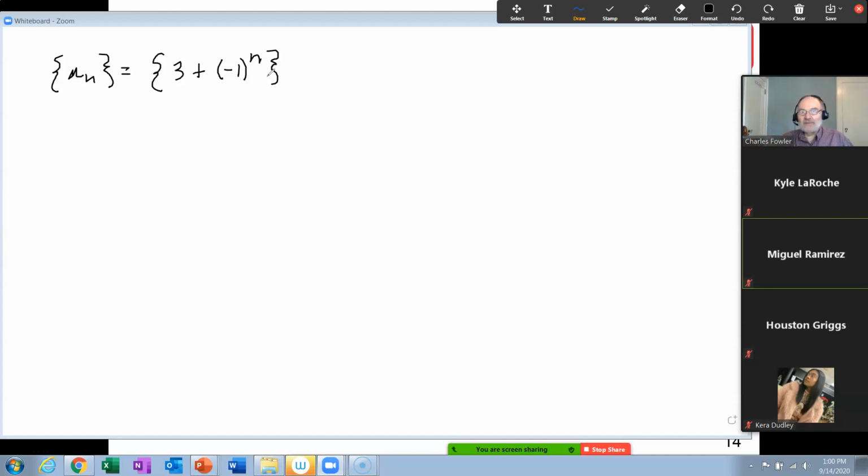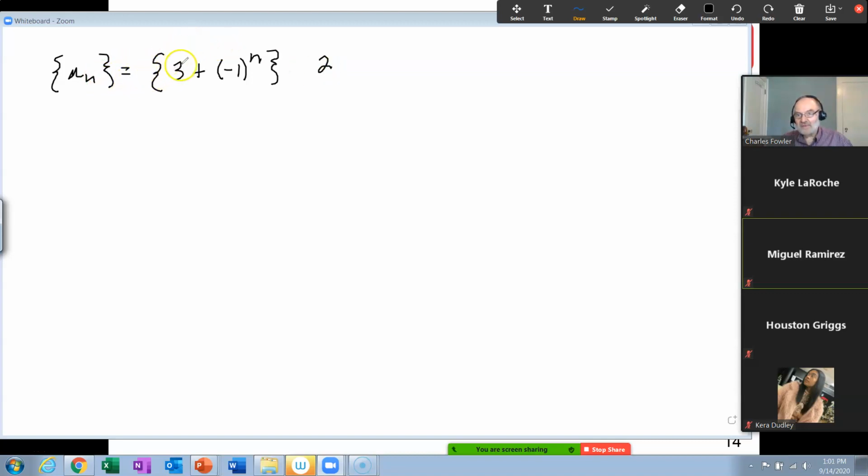Firstly, we could do it brute force. Okay. Let's let n equal 1. Usually start with n equal 1. N equal 1, that'd be 3 plus negative 1 to the 1 power. Well, negative 1 to the first is negative 1. 3 plus negative 1 would be 3 minus 1 is 2.